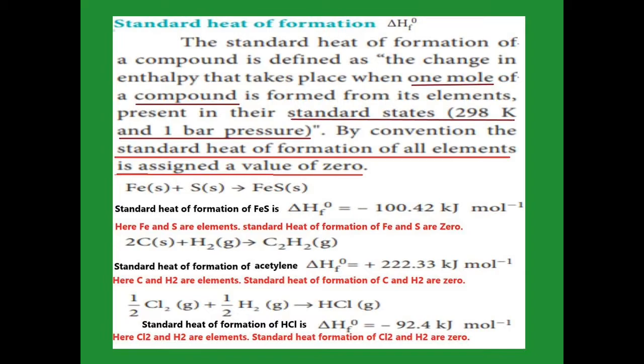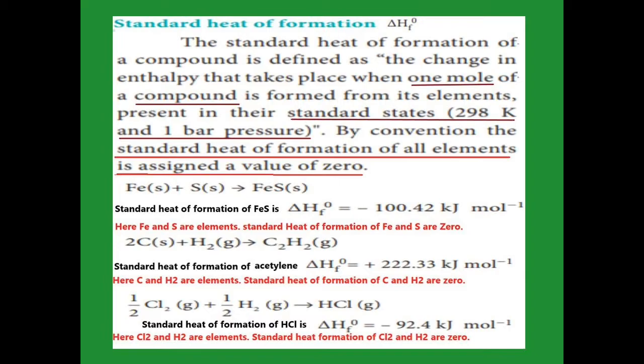In the same way, in another example, 2 moles of carbon combine with 1 mole of hydrogen to give 1 mole of acetylene, C2H2. For the formation of 1 mole of acetylene, heat is absorbed, so a positive quantity is given: 222.33 kJ mol^-1. That is called the standard heat of formation of acetylene.